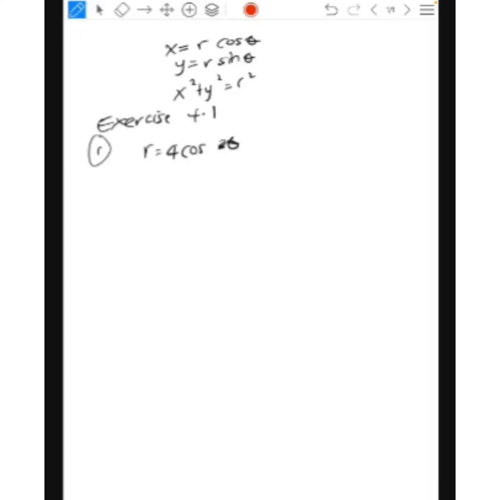So now, if you still remember how to sketch this r equals 4 cos 3 theta, you have something like this, right? Okay, because it is 3 and it is odd, so you have 3 petals.